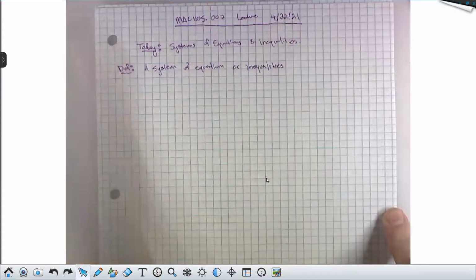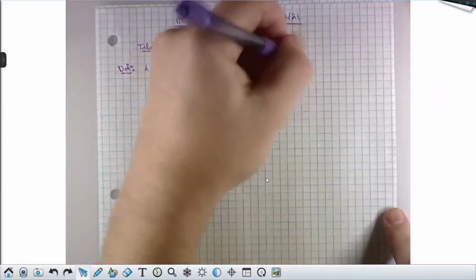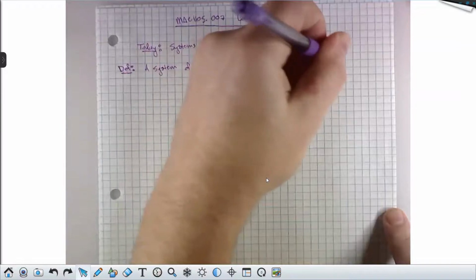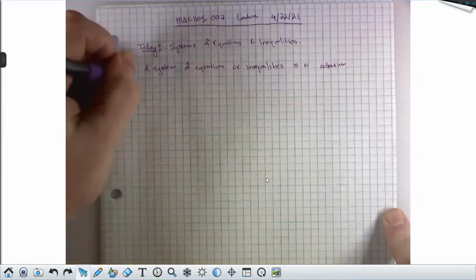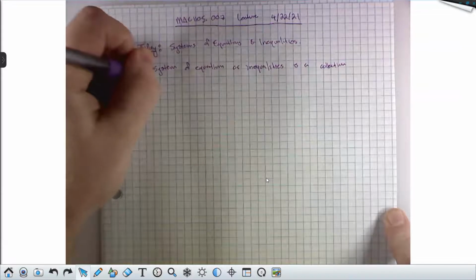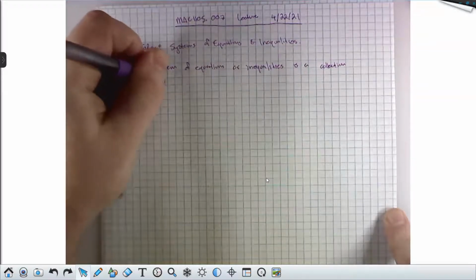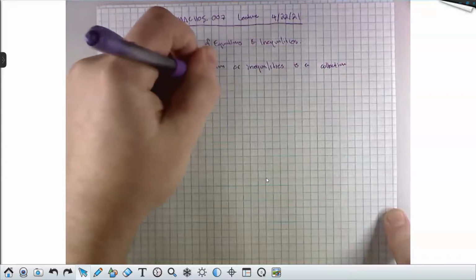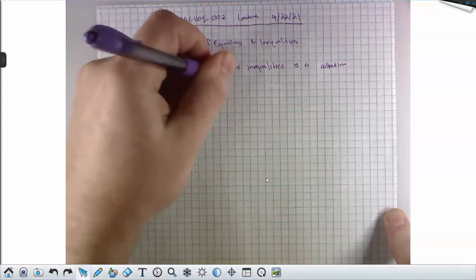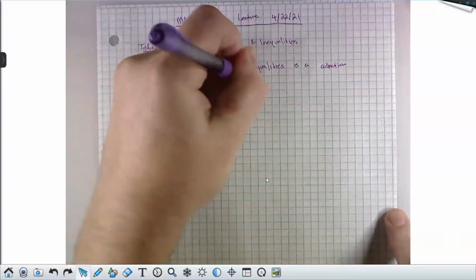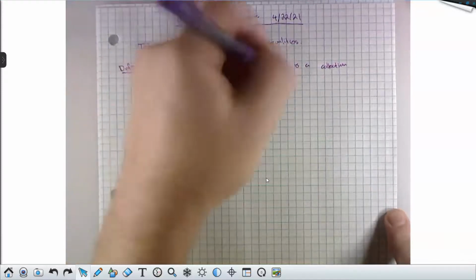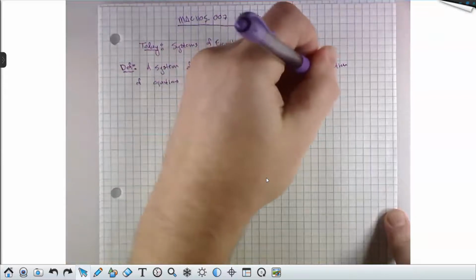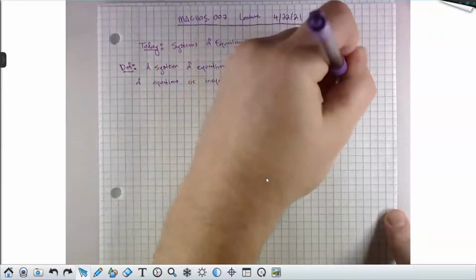A system of equations or inequalities is a collection of those things, of equations or inequalities, meant to be solved simultaneously.